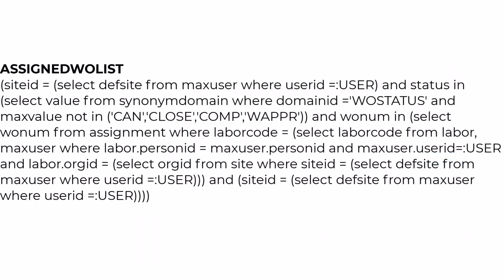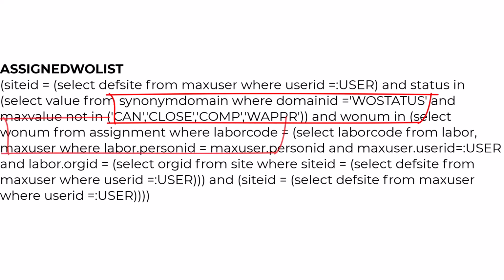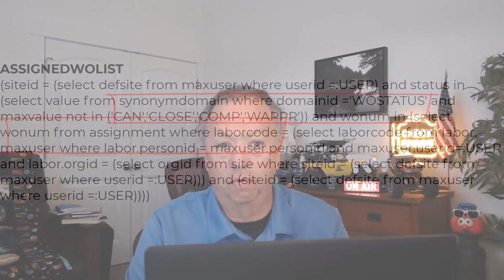The work order must be at least or beyond approved status, but not yet completed, and the user's record must have an assignment on that work order. And of course, there's some other site information in that query as well. But this is the query that defines what records appear in the Technician application for this particular user.